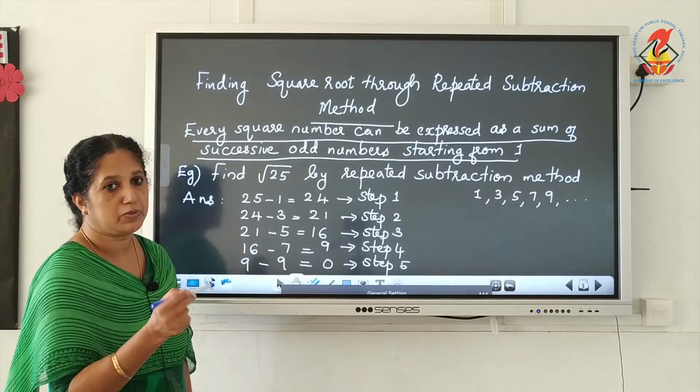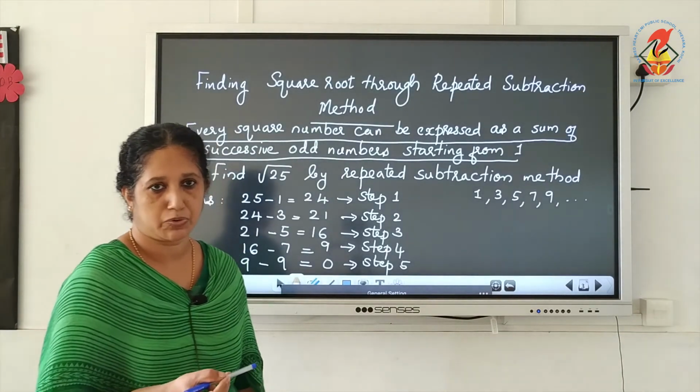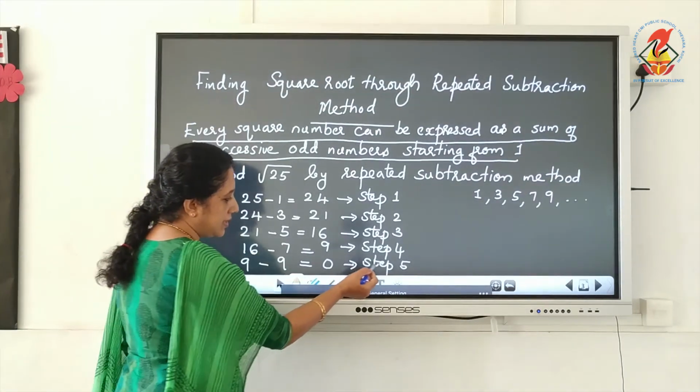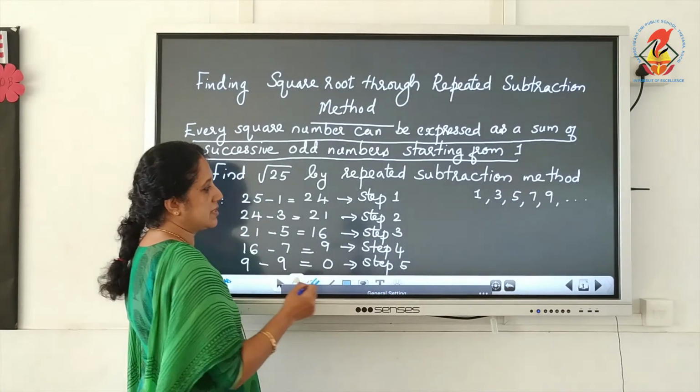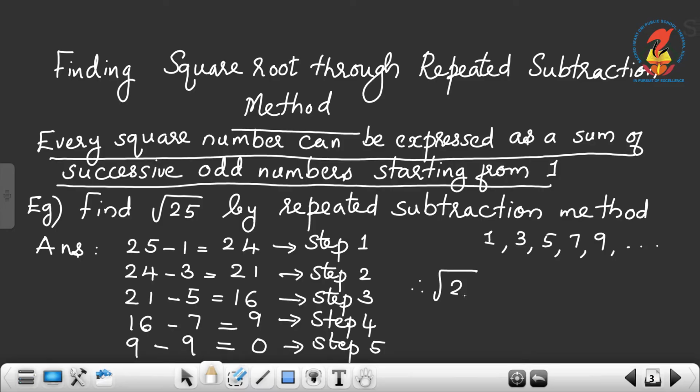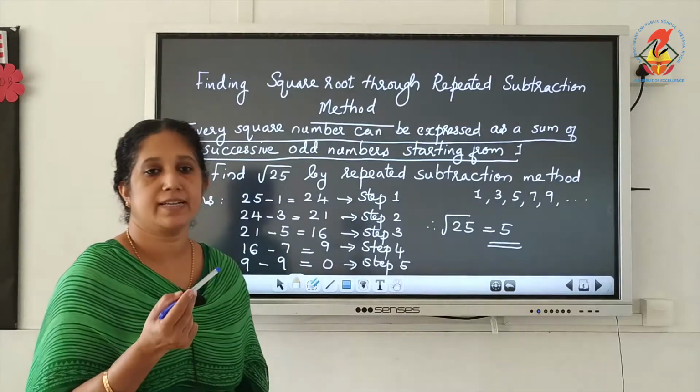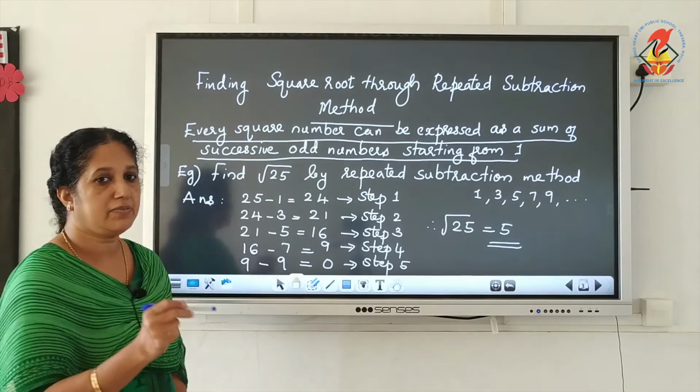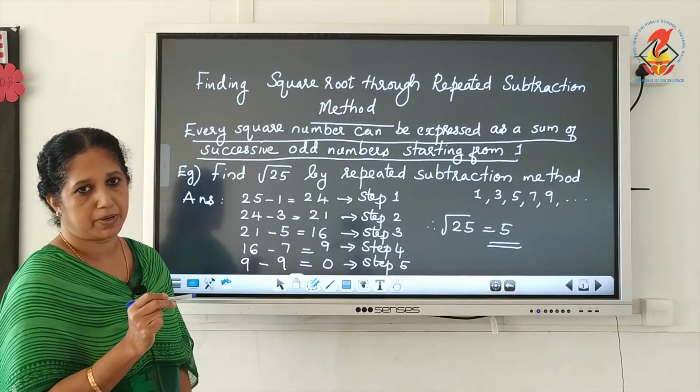So you want to look at which step you get 0. Therefore, the square root of 25 equals 5. So, successively subtract the odd numbers 1, 3, 5, 7, 9 from the given number, and look at which step you get 0, and that will be the square root of the given number.